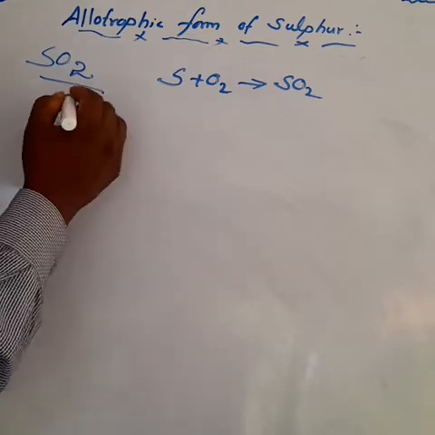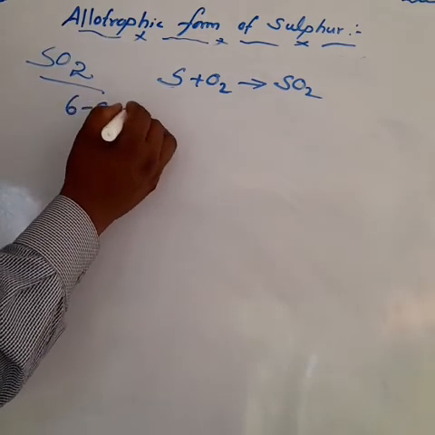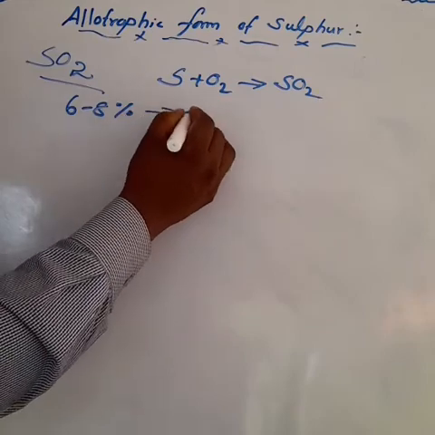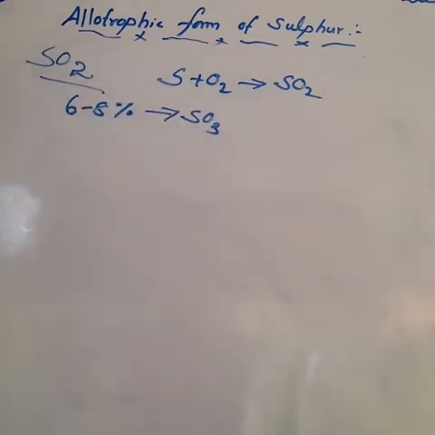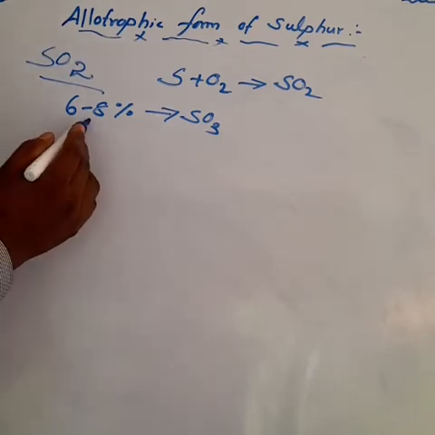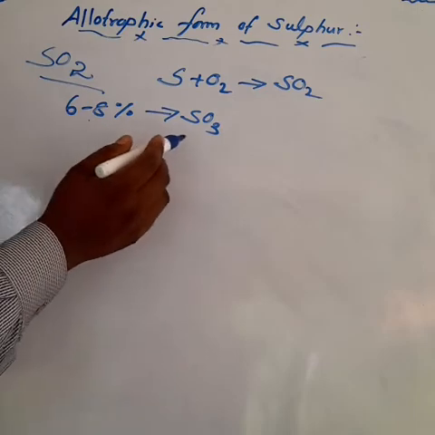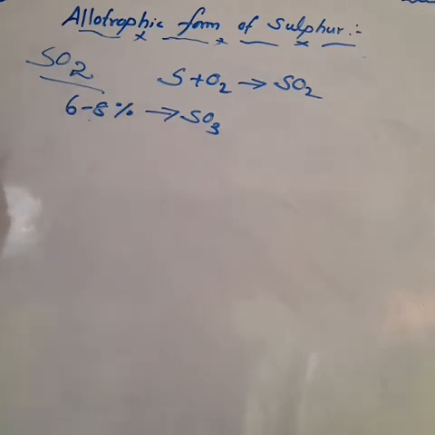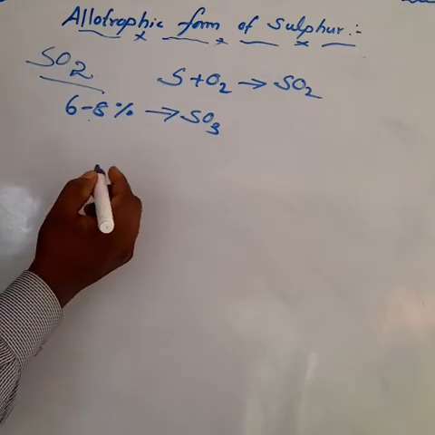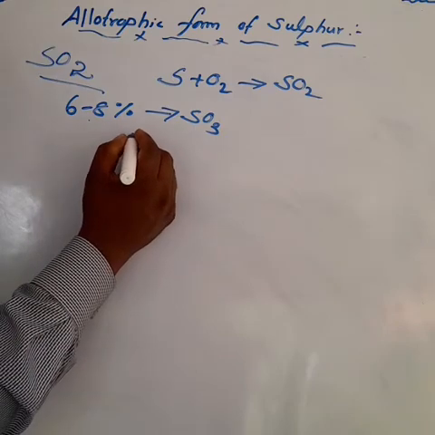Here about 6 to 8% of sulfur is oxidized to sulfur trioxide. That's one of the important points, my dear children. About 6 to 8% of sulfur gets oxidized to sulfur trioxide. Shall we write the equation?